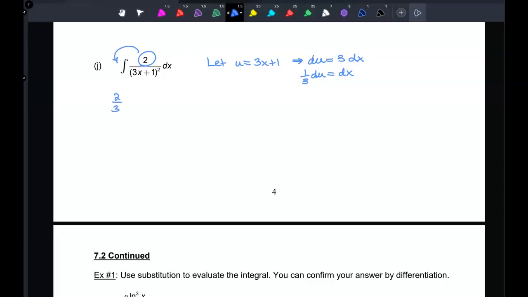So, 2/3. Coefficients can always be moved out front. I promise, it's the best approach to always just take those coefficients and move them. It's going to make it much easier.